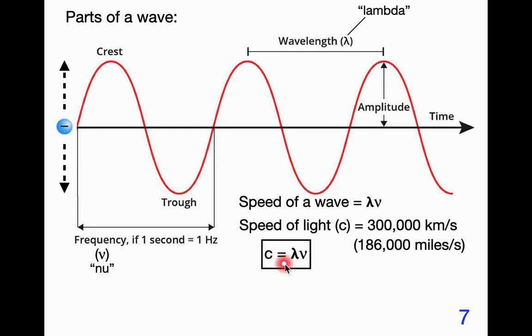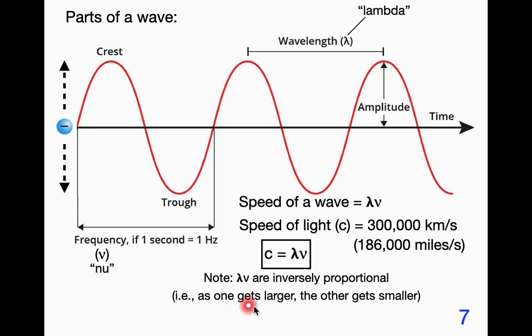Now, what this means is anytime you have two numbers that you multiply together to get a constant, that means that those numbers are inversely proportional. It means if I increase one, I would have to decrease the other in order for the product of the two to always give me the same number. In this case, the 300,000 kilometers per second. So wavelength and frequency are inversely proportional, which means as one gets larger, the other gets smaller.